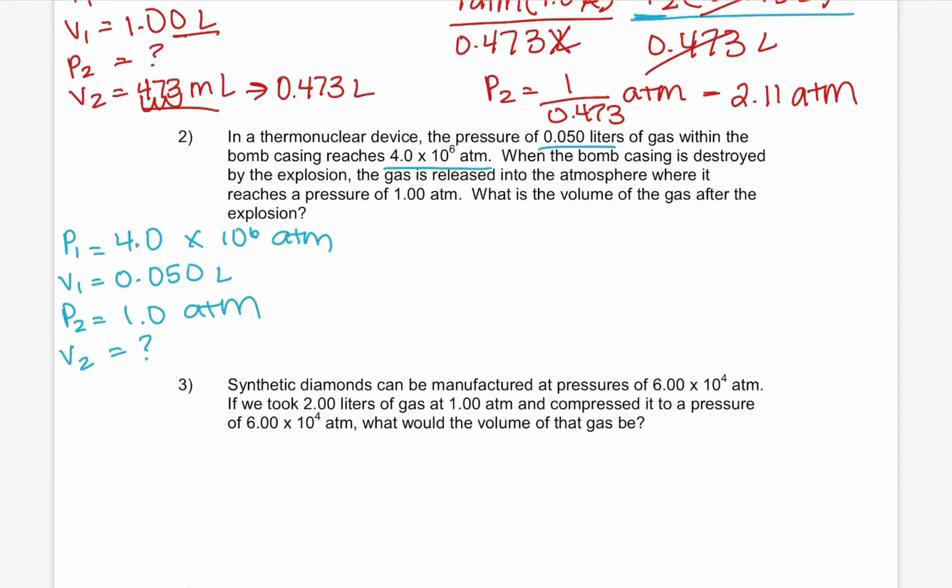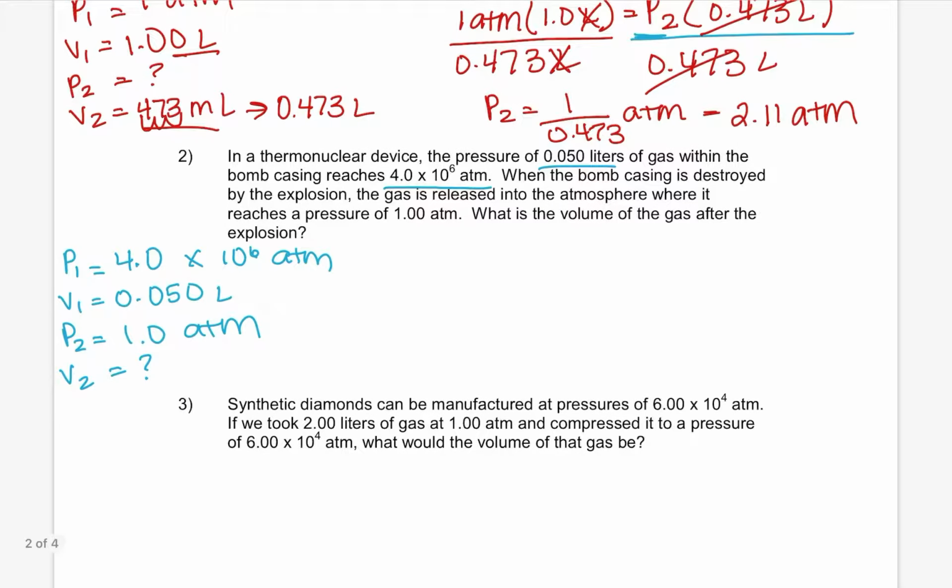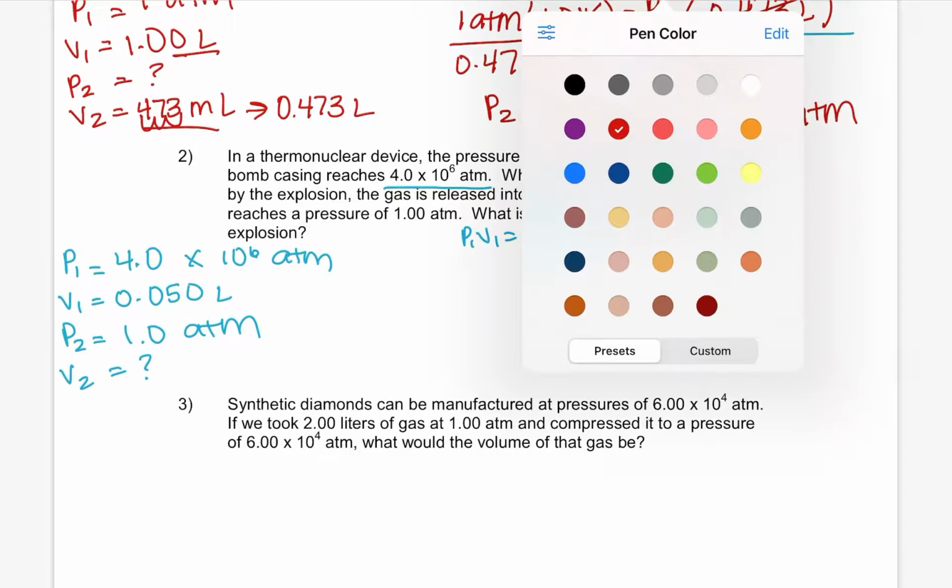So I'm going to plug it into my formula. Remember the formula is P1 V1 equals P2 V2. Let's change the color again. We're feeling purple.